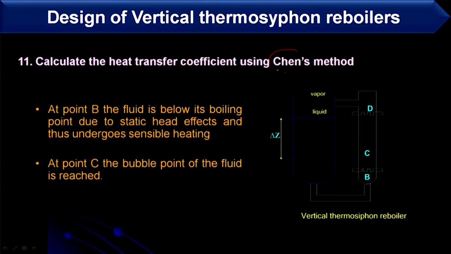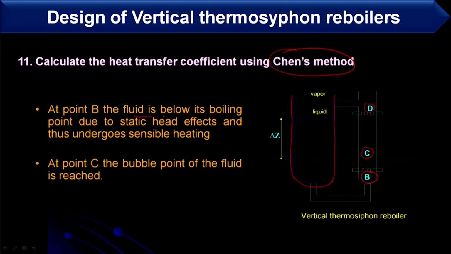As far as the heat transfer coefficient is concerned, we find that through Chen's method. Here I have this vertical thermosiphon reboiler, with different points like B, C and D. So, what will happen at point B?